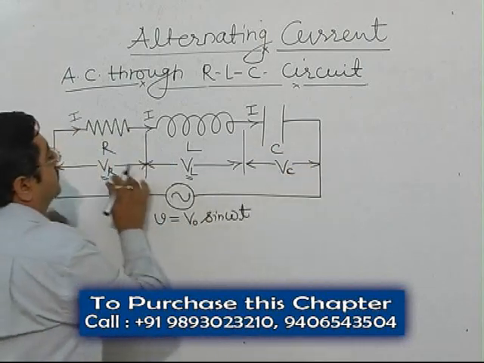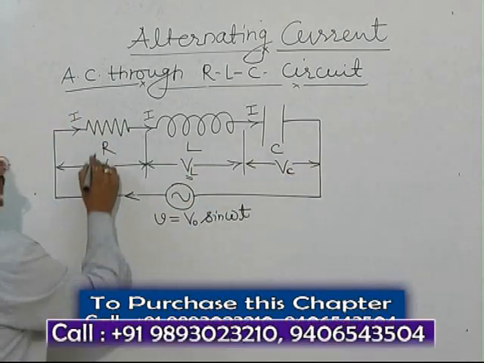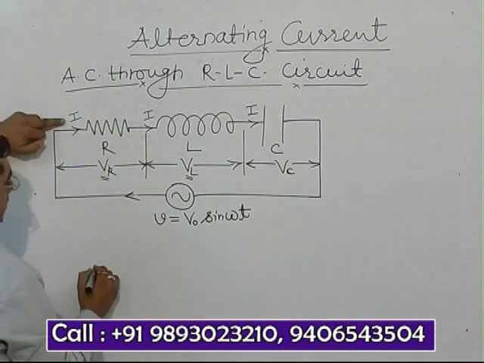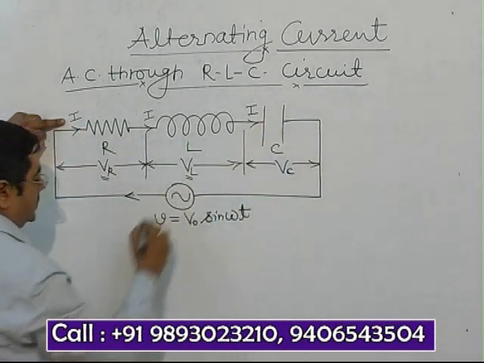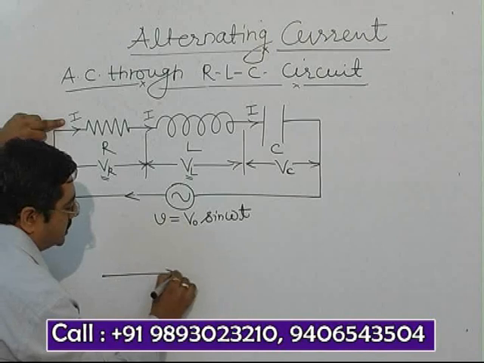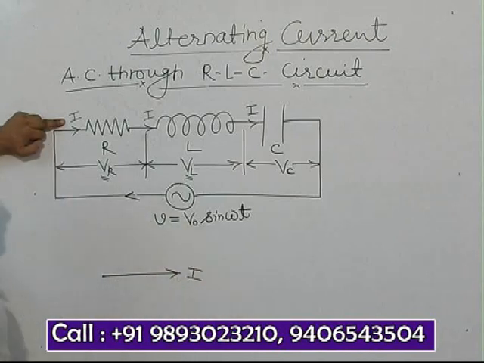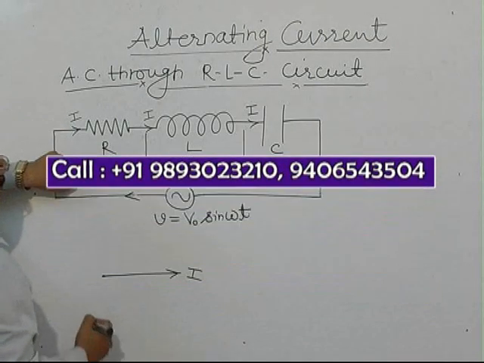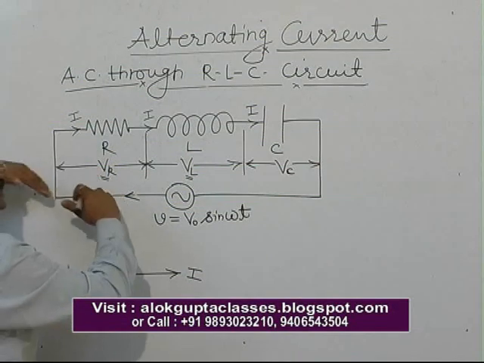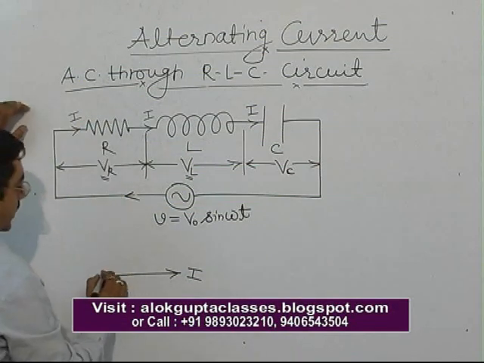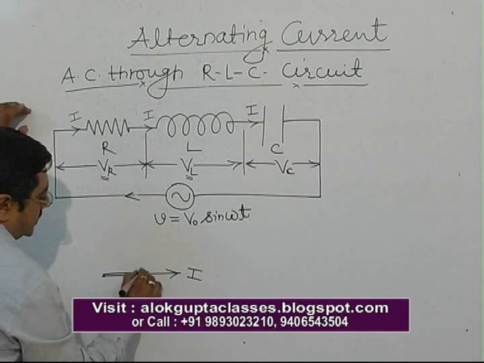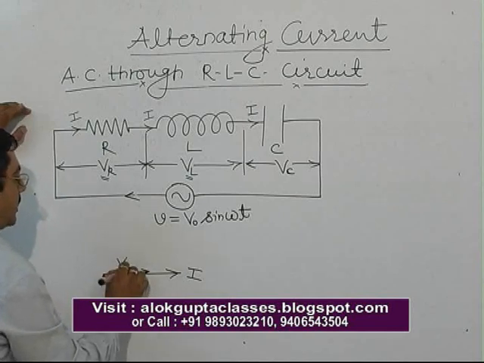Now, what happened? For this resistance, because the current flowing is the same, the current is taken as the reference. It is I. Potential across the resistance is in the same phase as the current. So this is, say, VR.